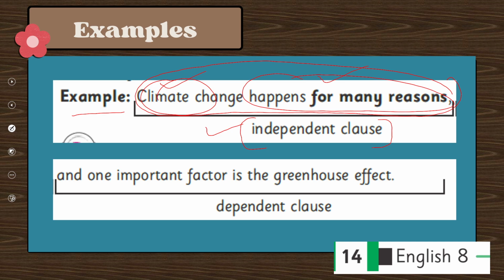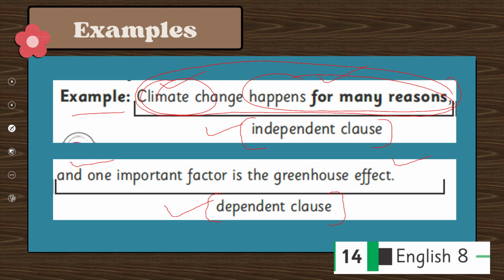Now, and one more important factor is the greenhouse effect. If you read this chunk, this clause, we are not getting the full idea. We need some more information. Hence, we will call this our dependent clause.